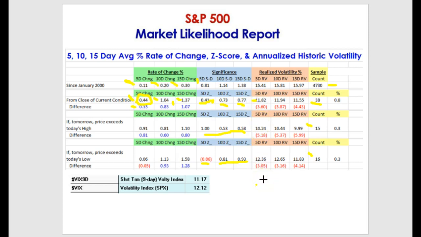Much less volatile. And that corresponds down here to what the VIX is at. Look at that, at about 12.12%. So it's right in the ballpark. The 9-day VIX is at 11.17. This is a bullish term structure where the short-term VIX is lower than the longer-term 30-day VIX. So a bullish bias there.